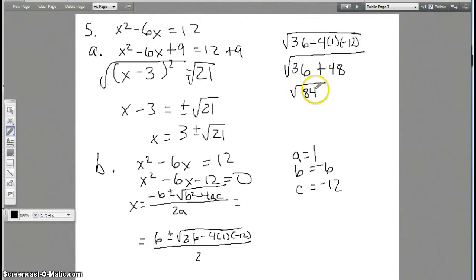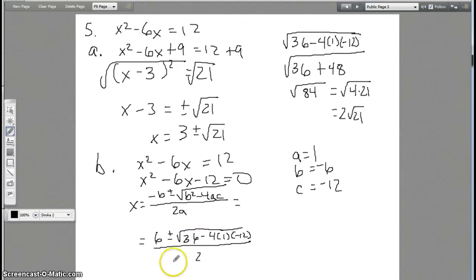Now, this is not simplified because 84 has a square factor. We can write the square root of 84 as the square root of 4 times 21. When we take the 4 out of the square root, we get 2 times the square root of 21.